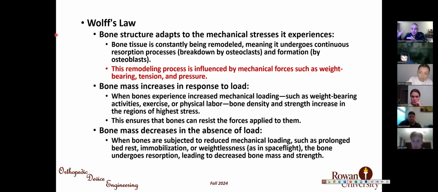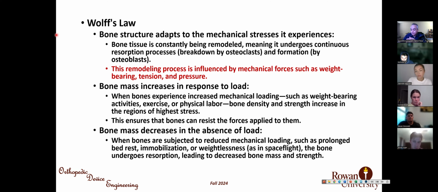And when the load is decreased, the bone doesn't need so much strength. So it decreases its mass to decrease its strength because it thinks it is unnecessary to have so much mass because it doesn't need it. This is called Wolff's law.